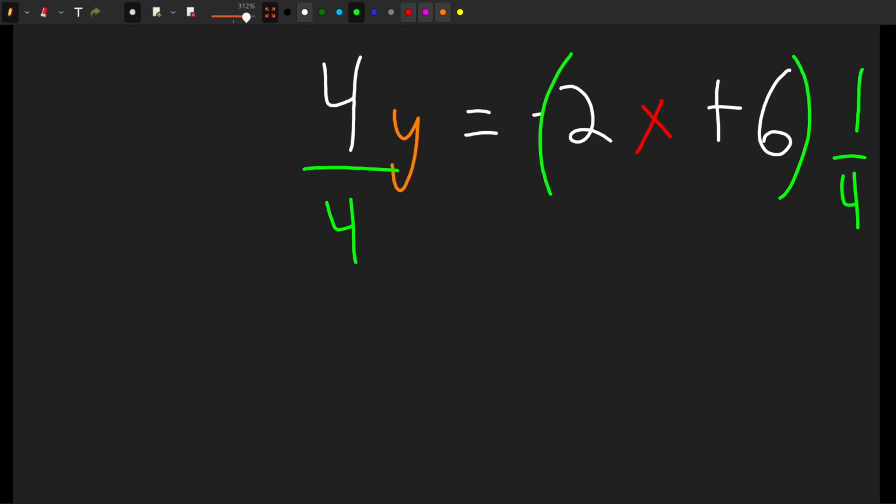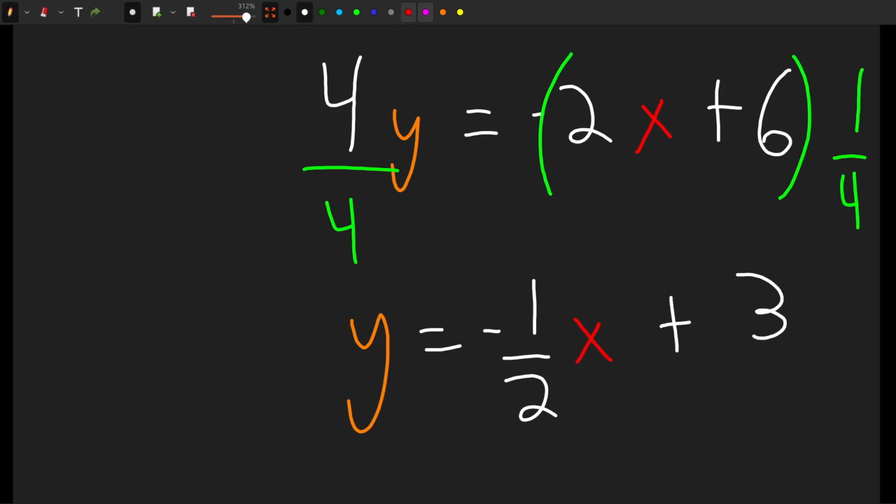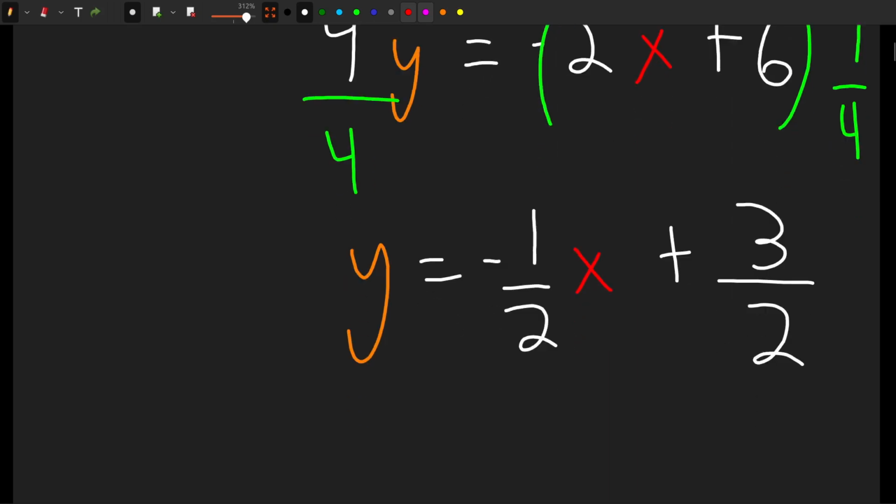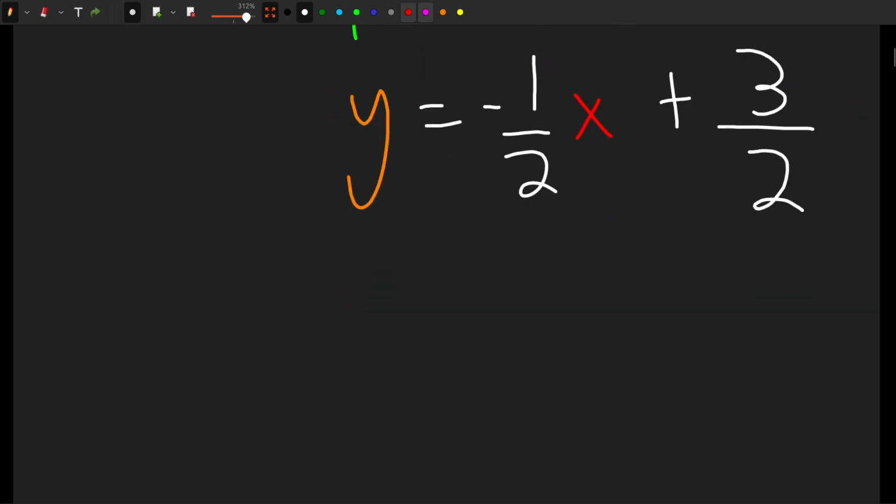And to simplify this whole thing out, I'm just going to have y is equal to negative 1/2 x plus 3/2. Okay, that's the equation I want to work with.